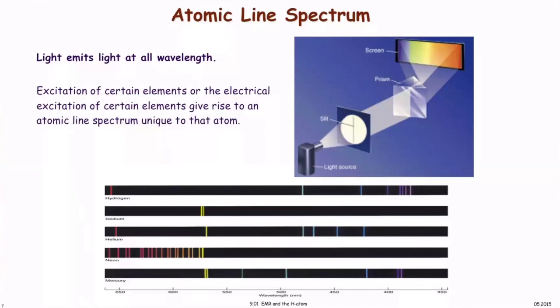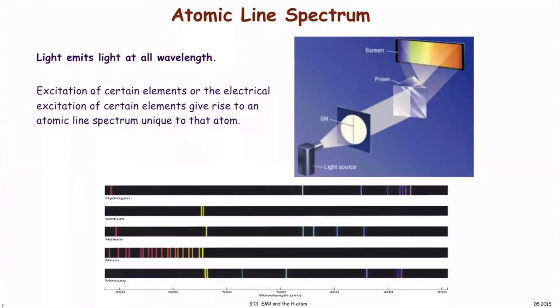And that's because the different elements have different numbers of electrons, and the electrons are arranged in their orbitals in different manners. As you excite them, the electrons are promoted to a higher energetic state. And in the process of relaxing back down, that's what you see when you burn it.